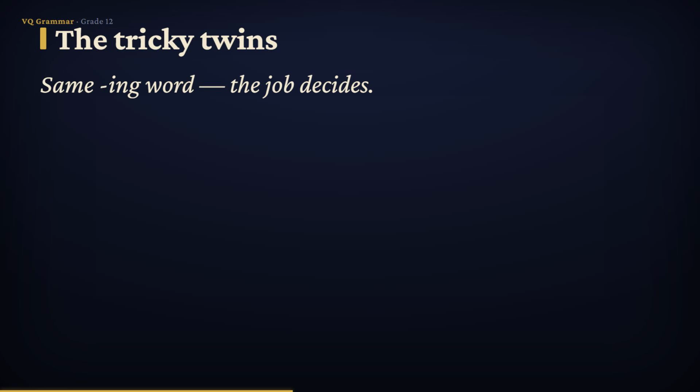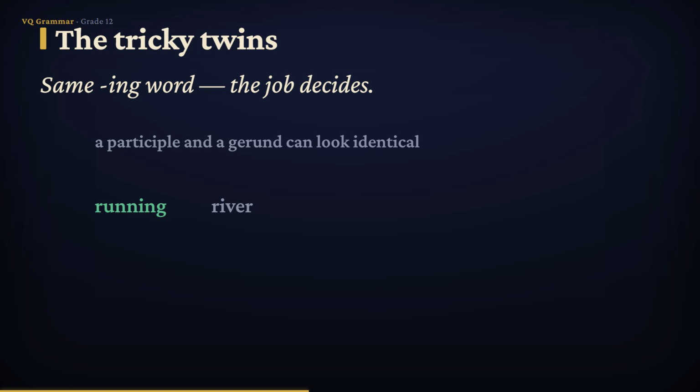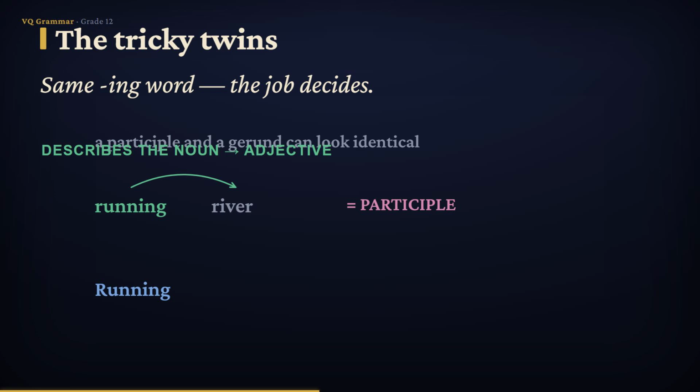Here's the challenge this whole lesson is built around. A participle and a gerund can look absolutely identical. Both end in ing. Watch. In "the running river," running describes the river. It tells which river, so it's an adjective, a participle. But in "running clears my head," running isn't describing anything.